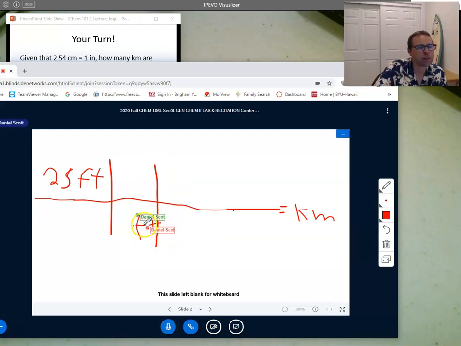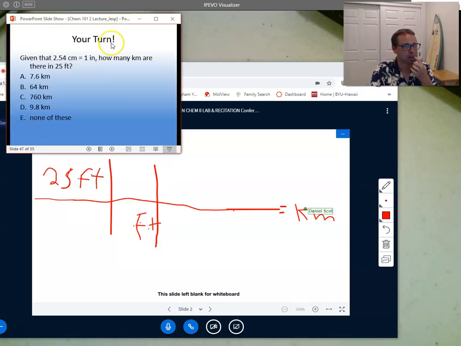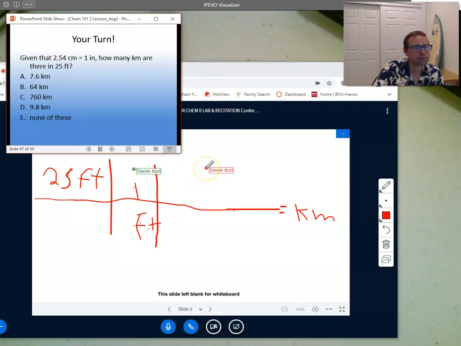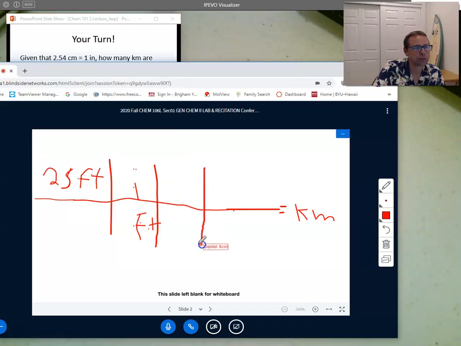All right. Now, where should we go? What should we convert feet to? They gave us inches to centimeters up here. Inches. Yeah, we can go feet to inches. Good. Go for it. Okay, good.